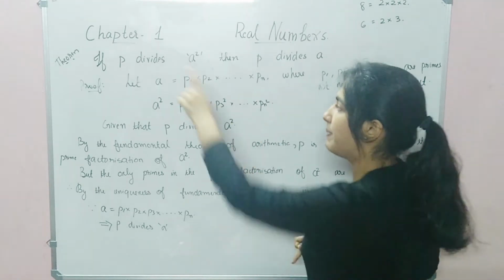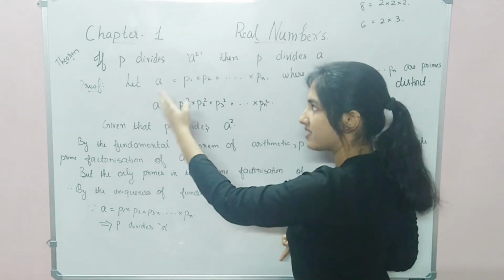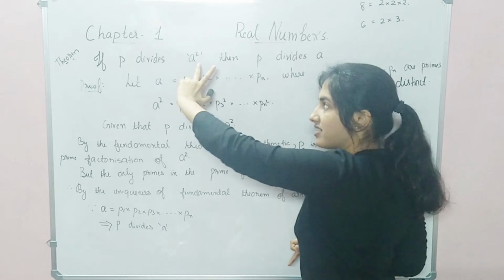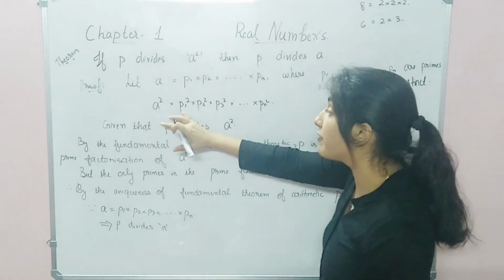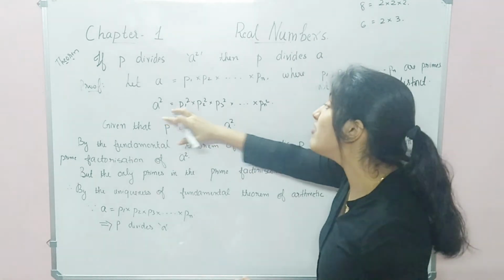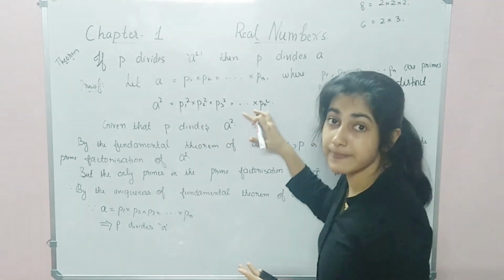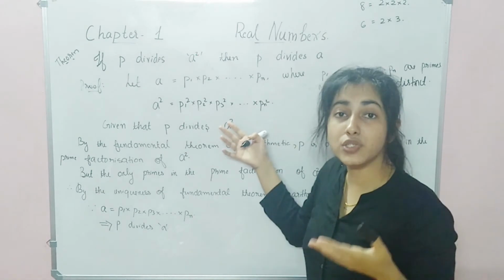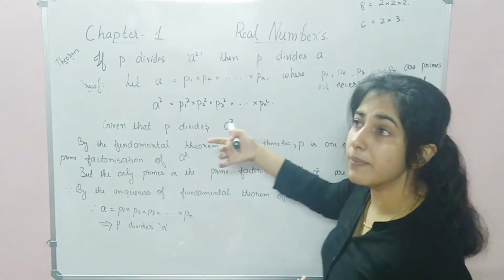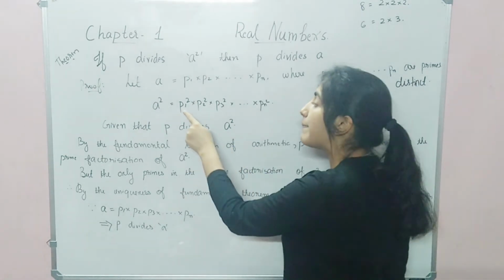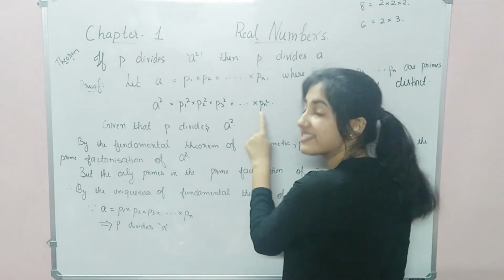So, P divides A square means P is one of the prime factors of A square. But by the uniqueness of the fundamental theorem of arithmetic, P should be one among these numbers. P, P1, P2, etc. are different symbols we use to denote prime numbers. So, P is one among P1, P2, P3, etc. Pn.